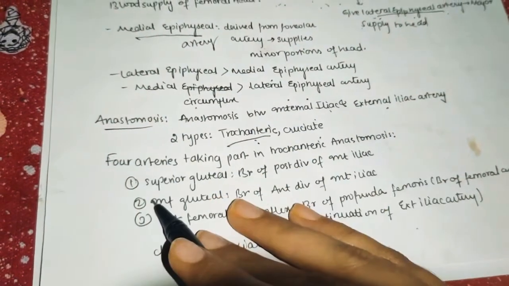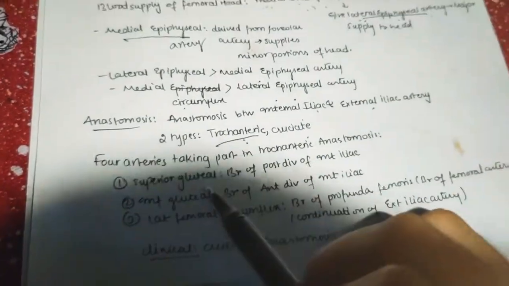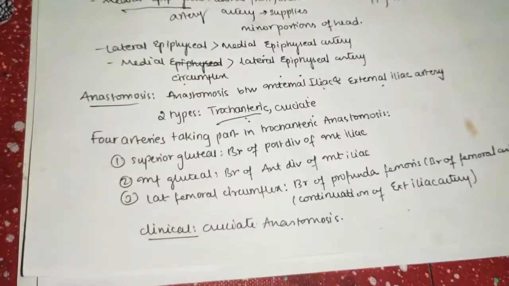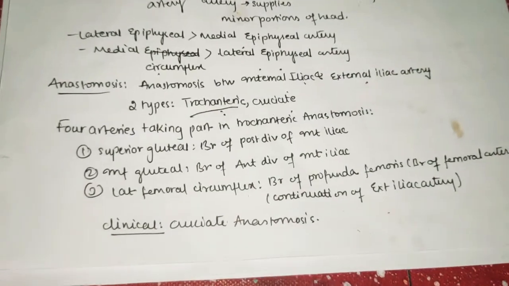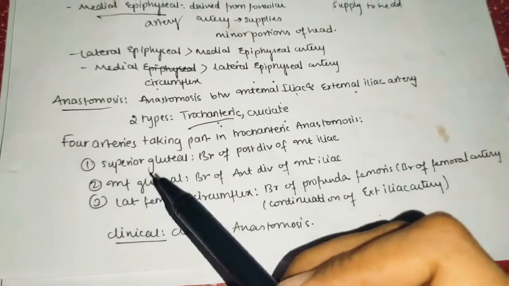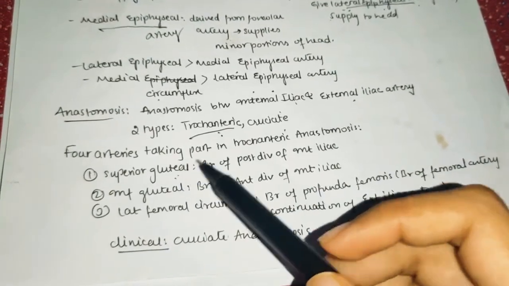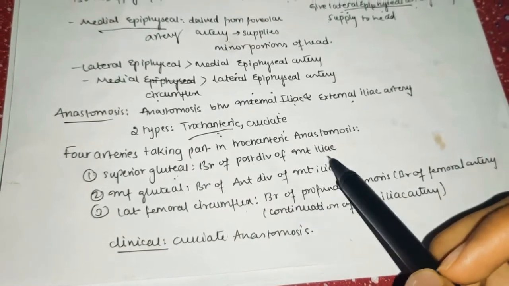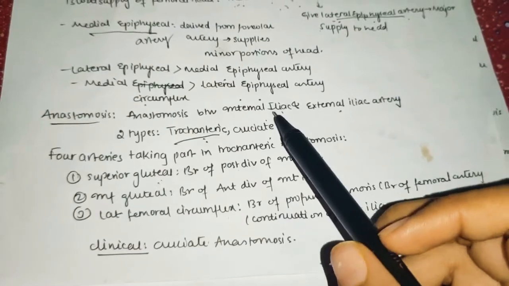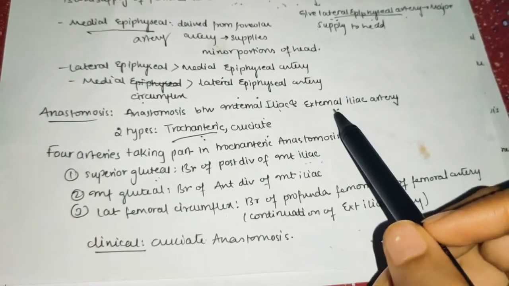So first we'll talk about the trochanteric anastomosis and which arteries are involved in it. The first one is the superior gluteal artery, which is a branch of the posterior division of the internal iliac. As I said, this anastomosis is between the internal iliac and external iliac.